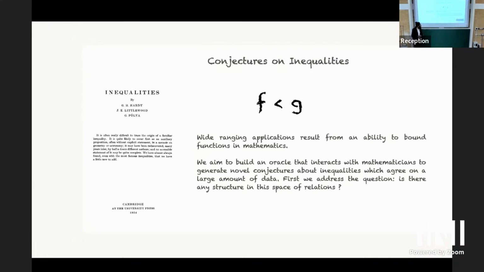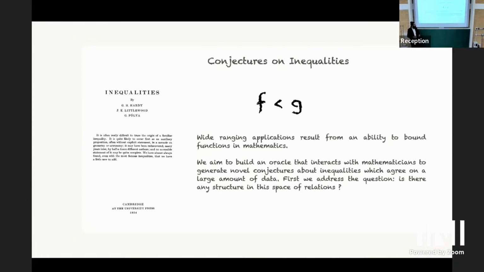So we pose the question: is there any structure in this space of relations of the form F less than G? The motivation behind looking for structure in the space is really a physicist's approach to formulating theories. As we know, in modern theoretical physics, theories are built around symmetries and their invariants. Once you have information about invariance of a physical system, you can go quite far.